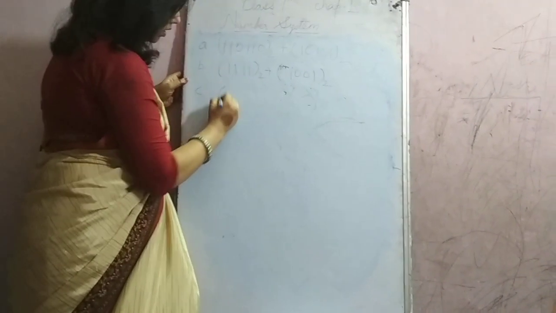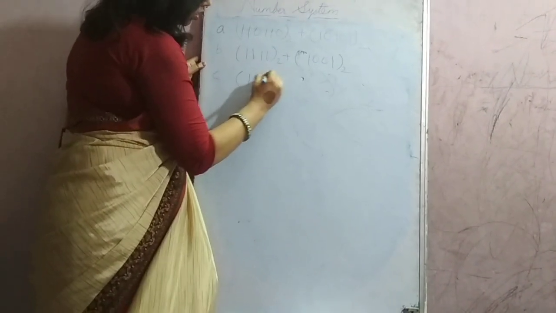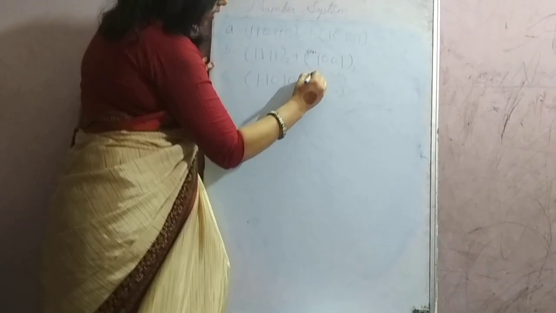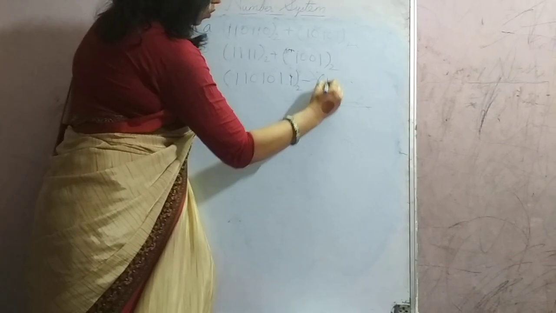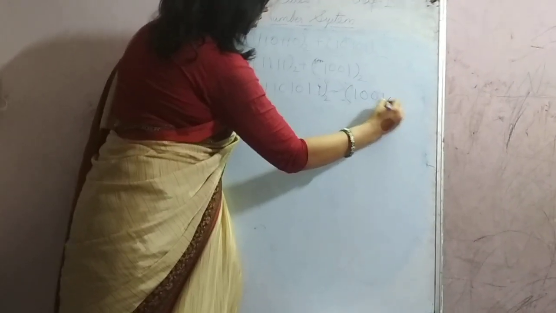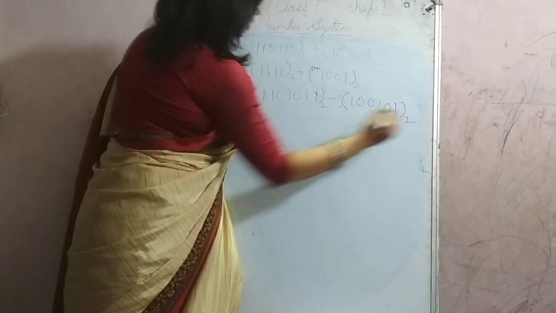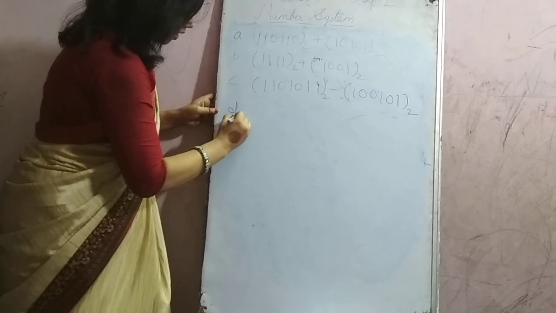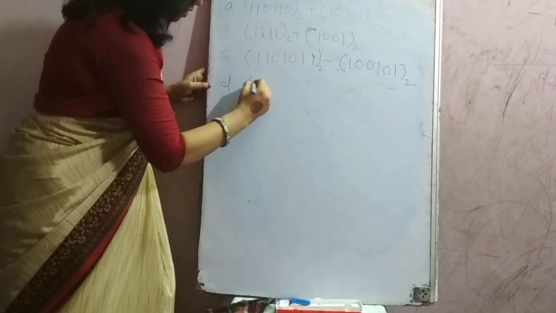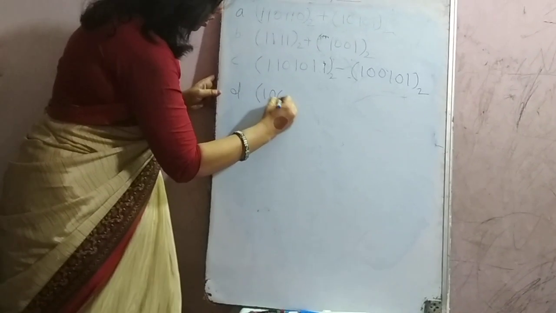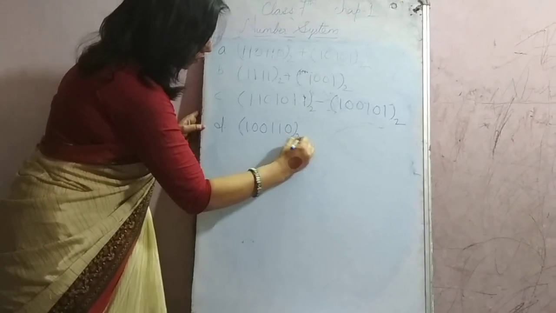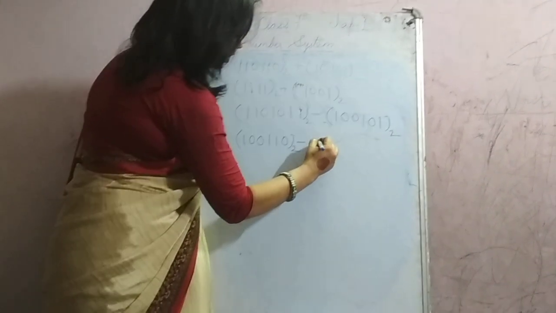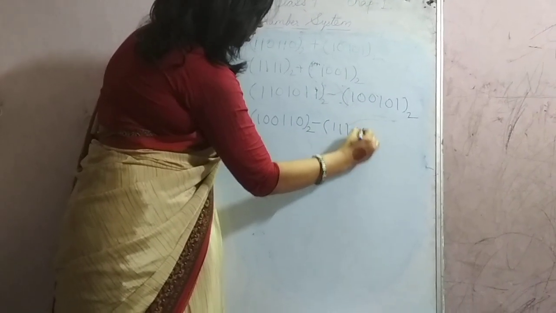C, 1 1 0 1 0 1 1 minus 1 0 0 1 0 1. D, 1 0 0 1 1 0 minus 1 1 1 0 0.